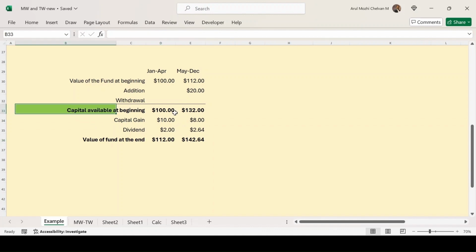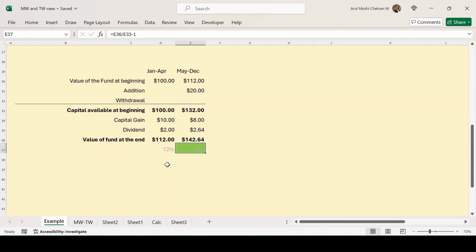So we have the capital available at the beginning of each period and the value of the fund at the end of this period. Now we can calculate the periodical return. Then from that we can calculate the annual return using the holding period method. Let us calculate. Value of the fund at the end divided by capital available at the beginning minus 1: 12% is the first period return.